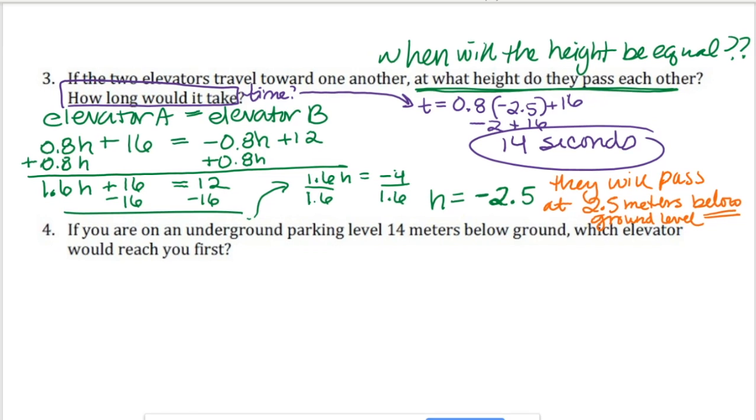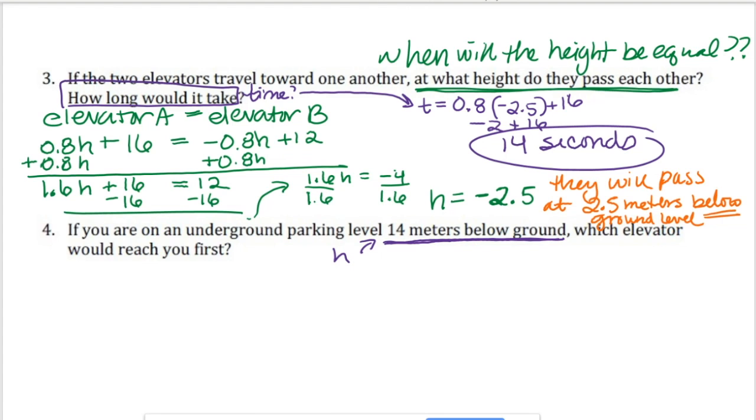Okay, number 4. If you are on an underground parking level 14 meters below ground, which elevator would reach you first? Okay, so let's say you are on level 14. You want to figure out which elevator is getting to you first. Now, 14 meters below ground, so this would be our height, right?